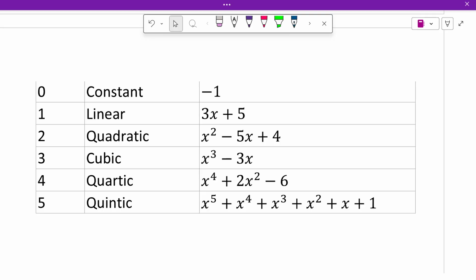So we would have a linear binomial, a quadratic trinomial, a cubic binomial, a quartic trinomial, and a quintic polynomial in front of us right now.